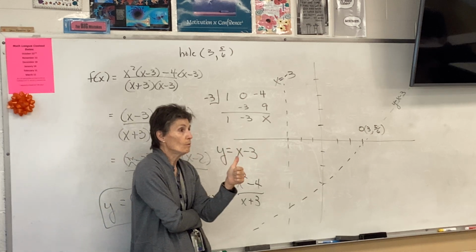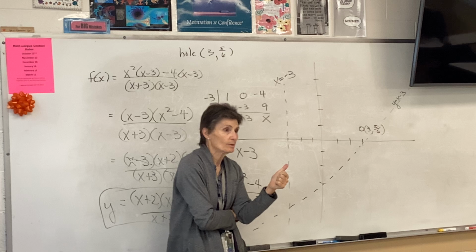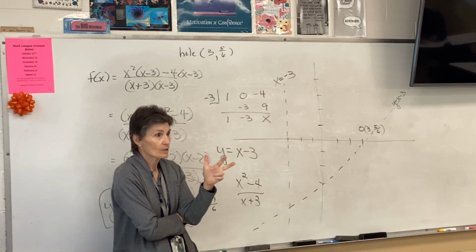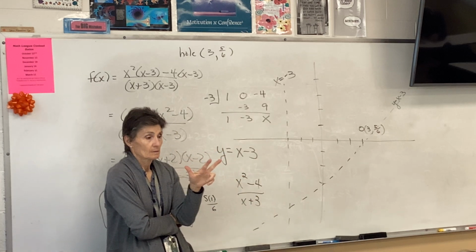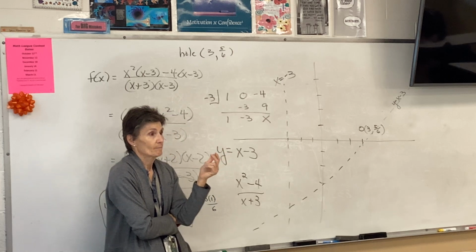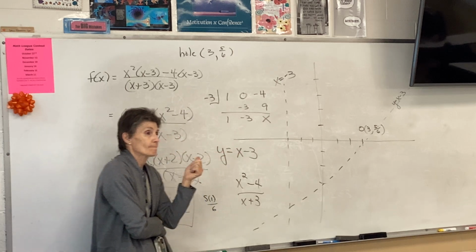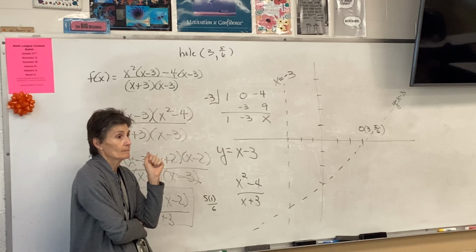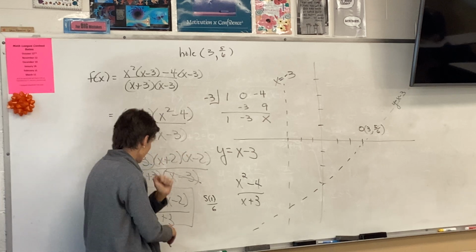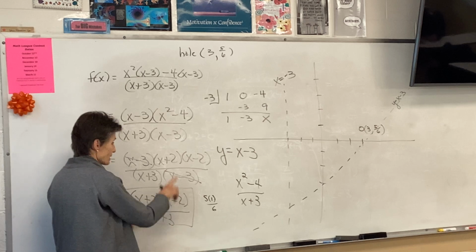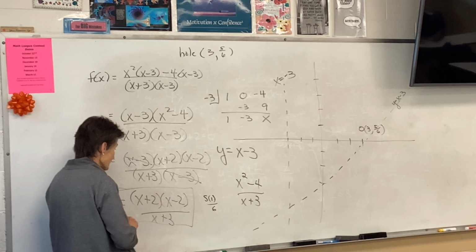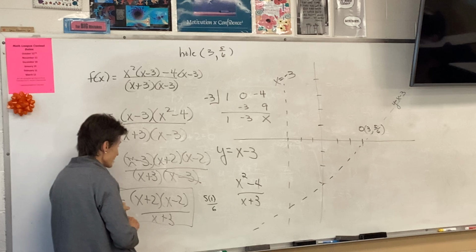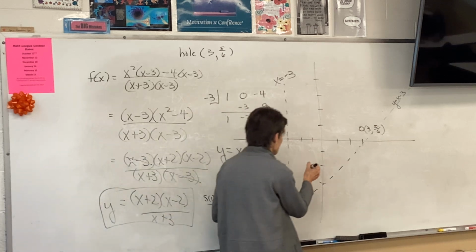So we got our hole, our removable discontinuity. We have our asymptotes. And now we need the intercepts. How do we get a y-intercept? Plug 0 in, right? So if I come back over here or somewhere and plug in 0, it looks like I get -4/3.